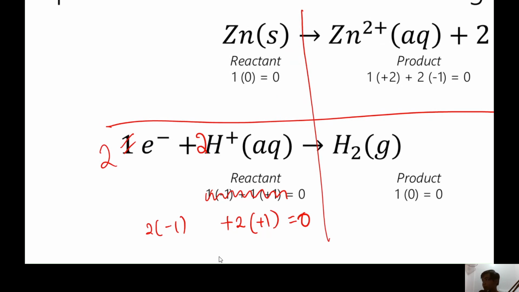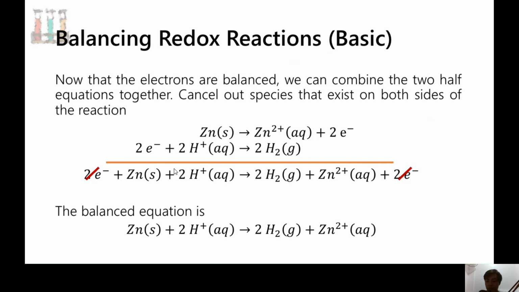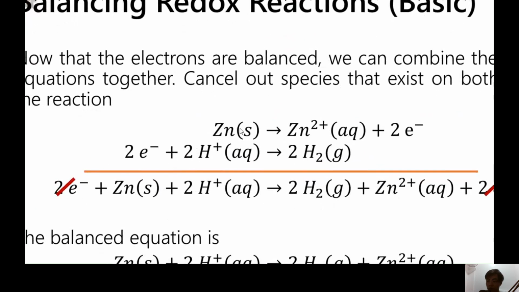Okay? So we have this, which is our reduction reaction.